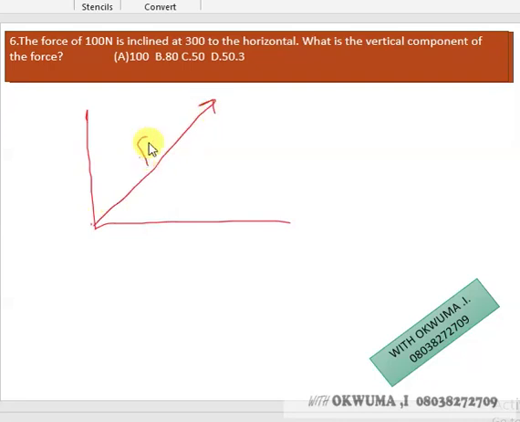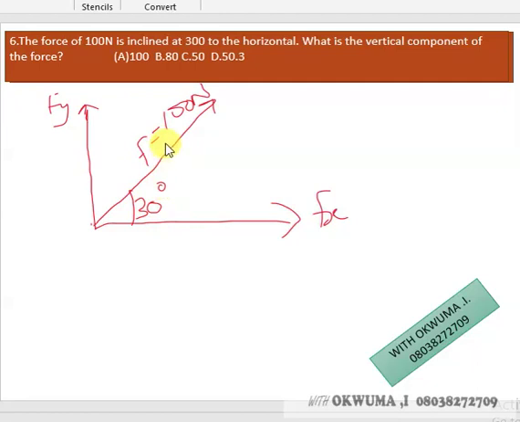So this is the force, and the magnitude of the force is 100 Newton. Remember, this is your y-axis for Fy. Here is your Fx, x-axis, and the force is inclined towards the horizontal at an angle of 30 degrees.